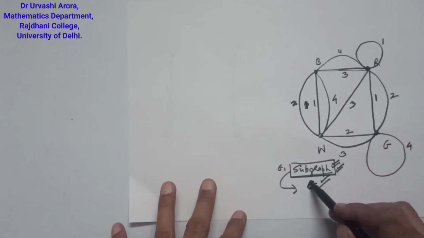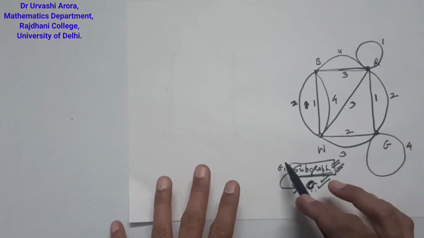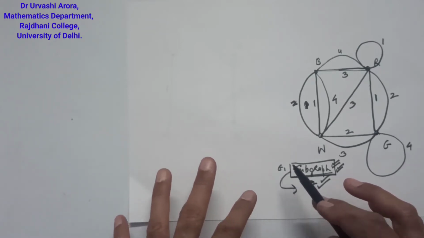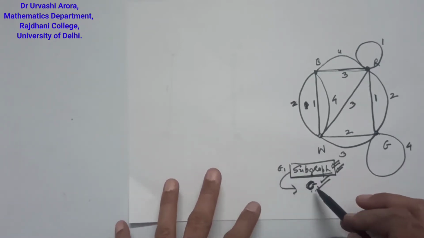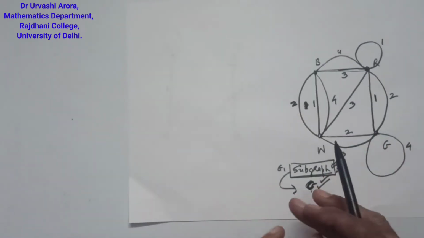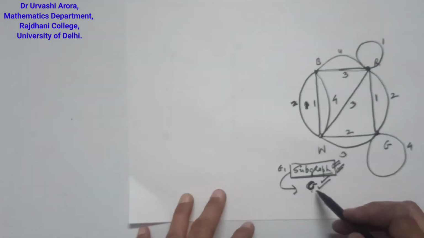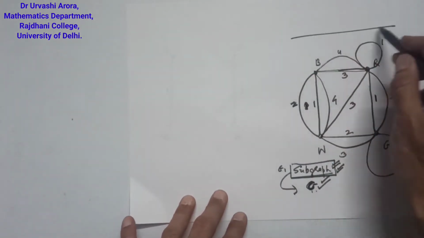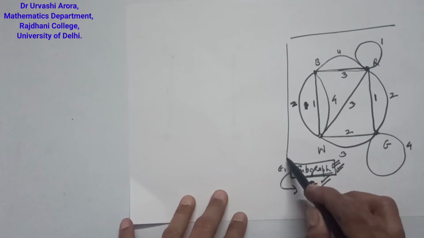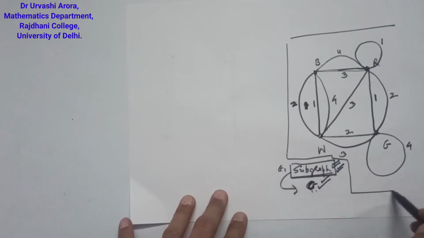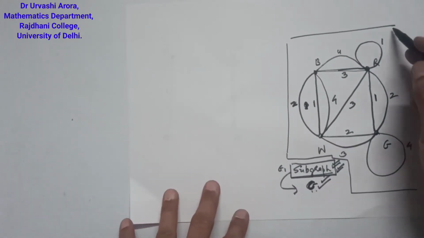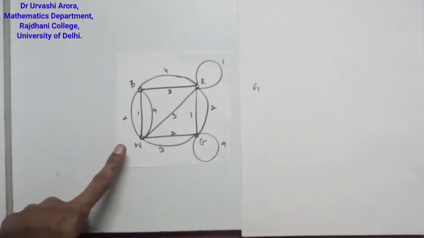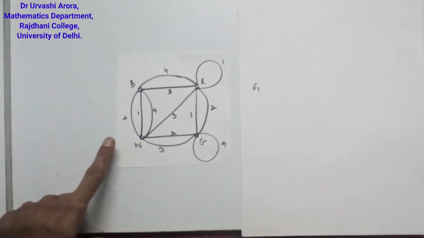In this case, if the main graph is called G, then the subgraph G1 of G will be a graph in its own right, having some vertices, maybe not all vertices, and some edges from the graph G. So we find a subgraph of this graph corresponding to the instant insanity problem, satisfying certain conditions. This is the second part of solving the instant insanity problem.